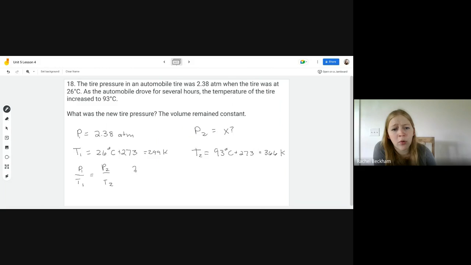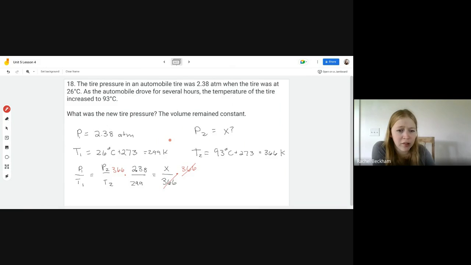So 2.38 divided by 299 equals X divided by 366. I need that 366 to get away from my X, because my X is in the numerator where it's supposed to be already. We just need that to go away to get X by itself, so I need to multiply both sides by 366. And now we just do the math.